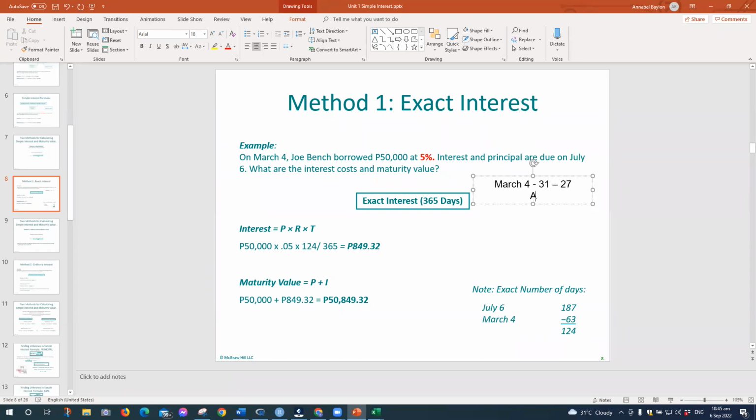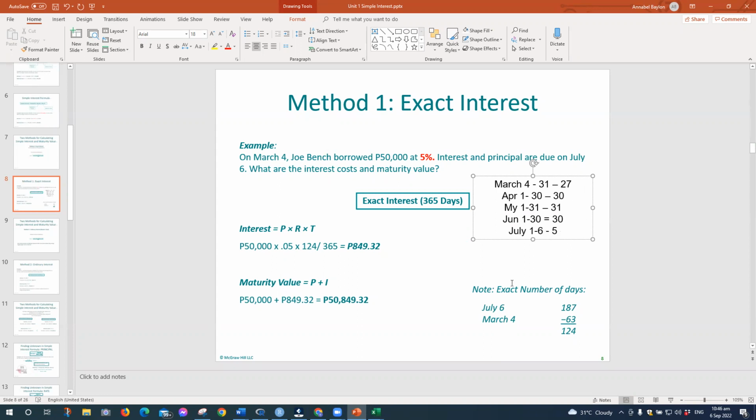And then you have April. How many days in April? 1 to 30. Of course, that's 30 days, right? And then in May, 1 to 31. How many days is that? 31 days. And then June 1 to 30. So that's 30 days. And then in July, that's 1 to 6. If we subtract, that will be 5.